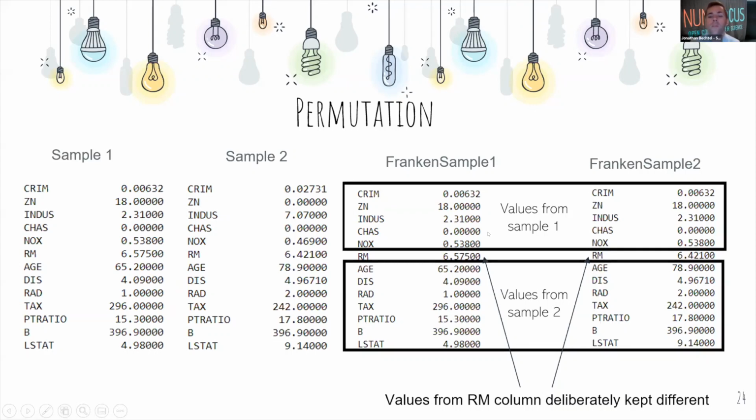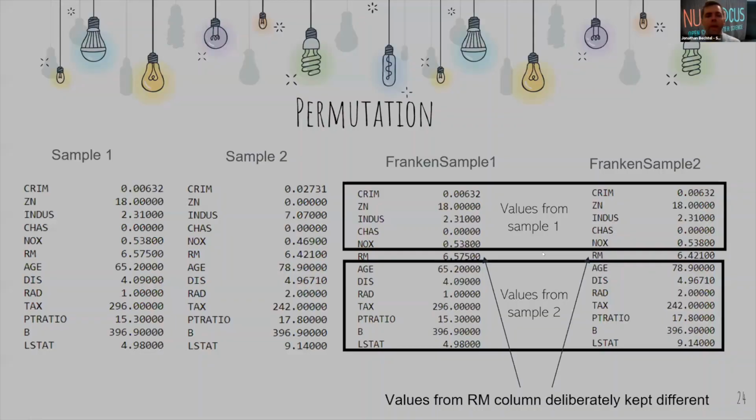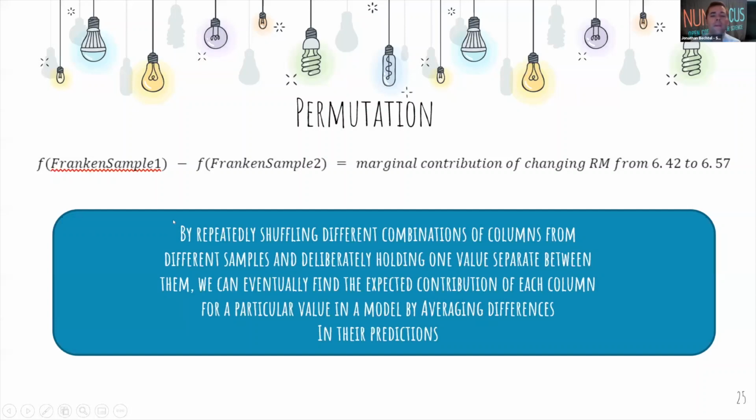So this is a random hodgepodge of 2 samples, but with one particular column deliberately held separate. Then you take the difference in predictions between the two, and that would give you some kind of number. For that particular permutation, that would be the marginal contribution of changing the value of room, in this case from 6.42 to 6.57.